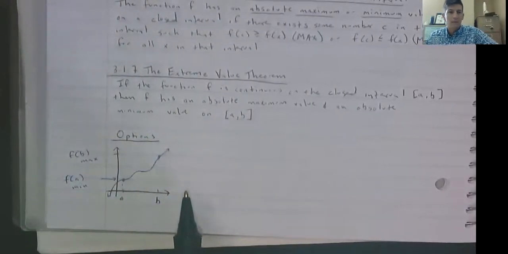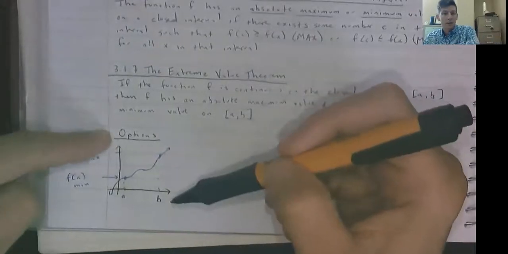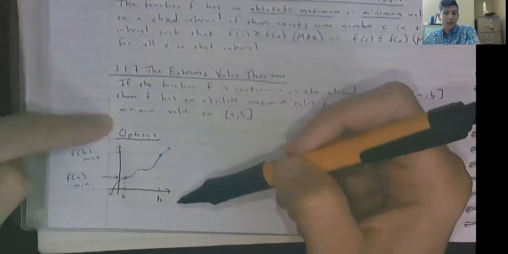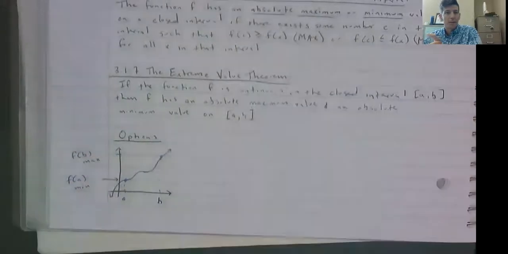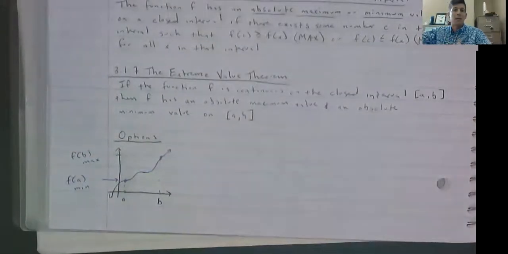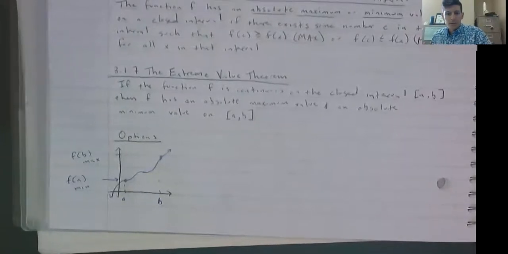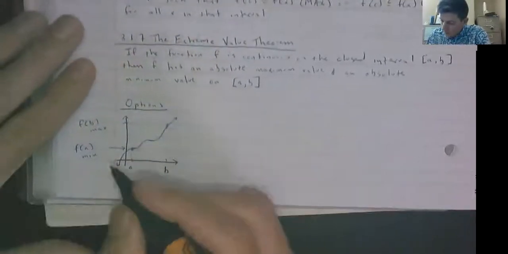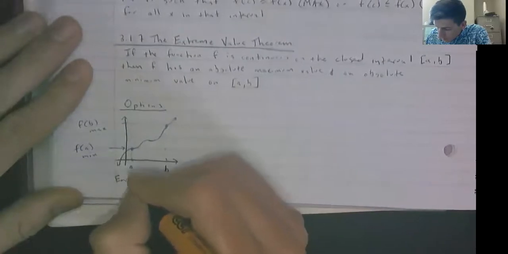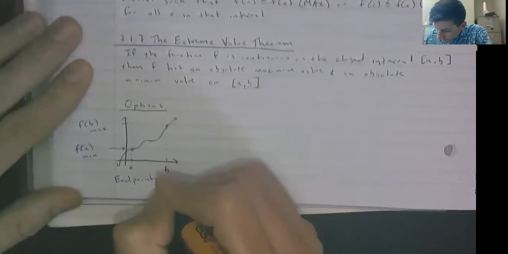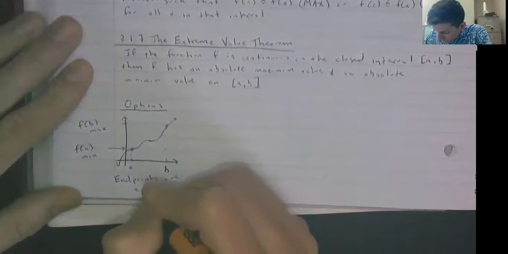If you had a decreasing function, then f of a would be your max and f of b would be your min. And nothing in between does anything of interest enough to become an extrema. So at that point, endpoints are extrema.